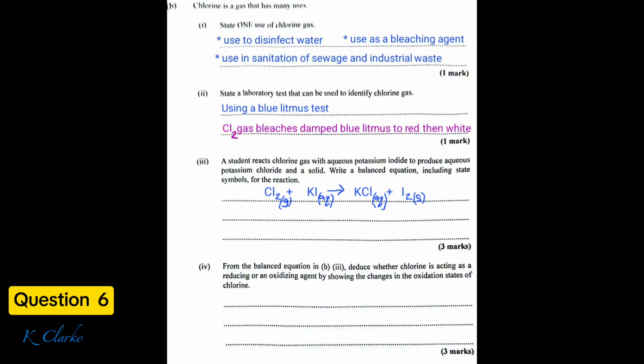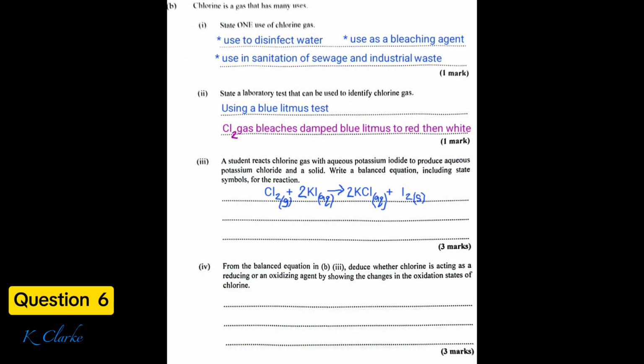Now this equation isn't balanced. Since there are two chlorines on the reactant side and one chlorine on the product side. Also, there is one iodine on the reactant side and two iodines on the product side. Now, in order to balance this equation, we are going to write the numeral 2 in front of the potassium iodide on the reactant side and 2 in front of the potassium chloride on the product side.